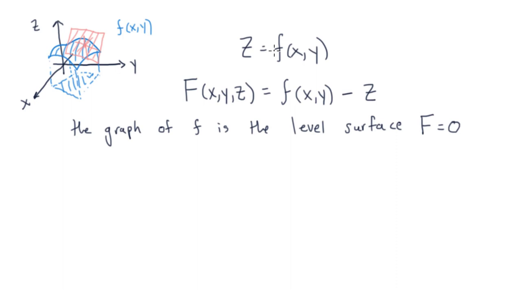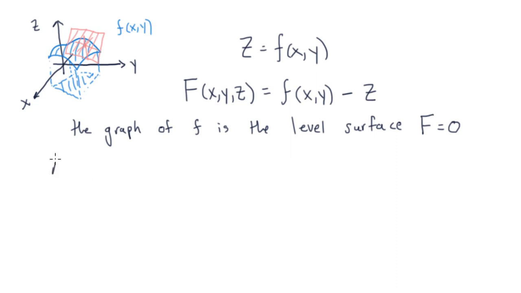Why am I doing this? Well, I'm going to skip some of the technical details, but assuming that our function f has continuous partial derivatives, I think that's all we need. What is that going to allow us to do? It's going to allow us to form the tangent plane at any point.